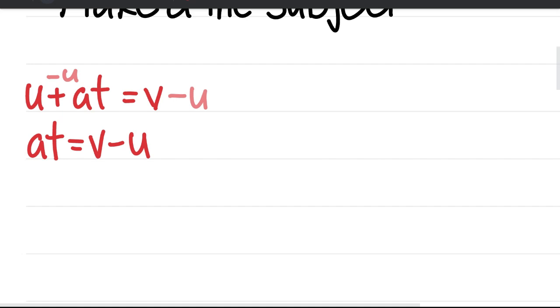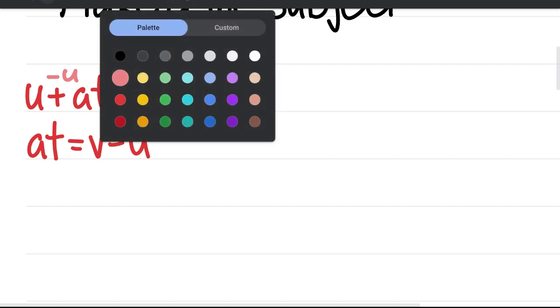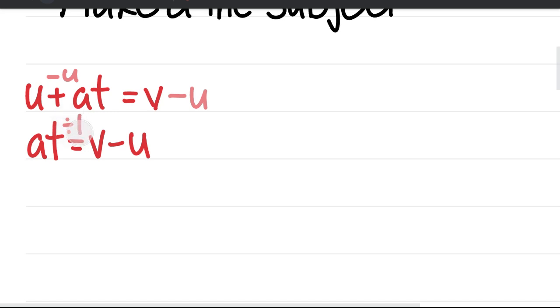So for this one, we have to divide by T. And this whole thing also we must divide by T. So AT divided by T, that would remain an A. V minus U, all divided by T, is (V minus U) over T.